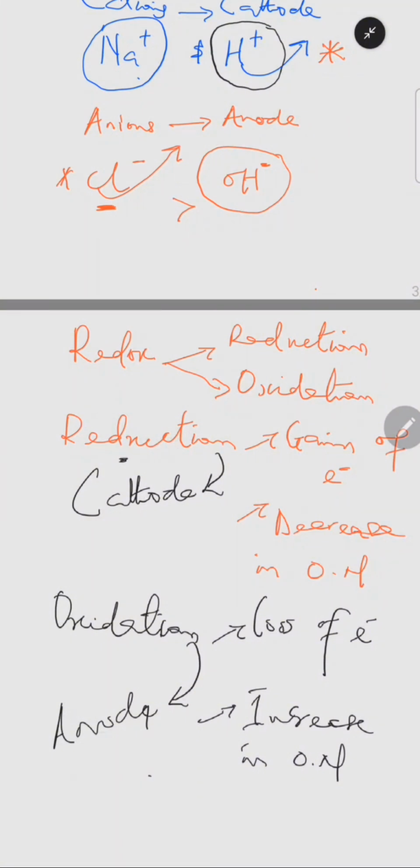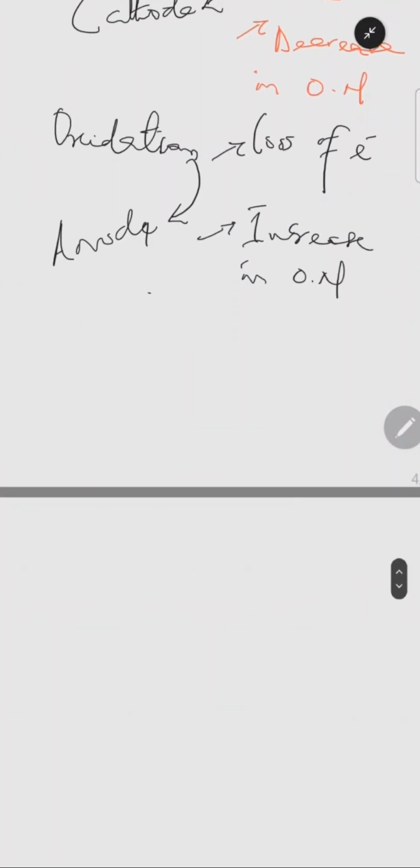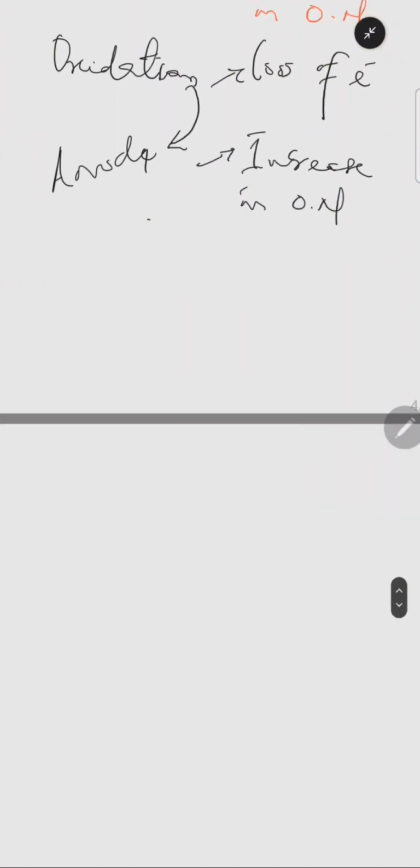Don't forget, I said reduction is gain of electron and decrease in oxidation number. So this is how hydrogen will be lost: H plus, hydrogen ion, plus E minus to give H2 gas. This is aqueous.